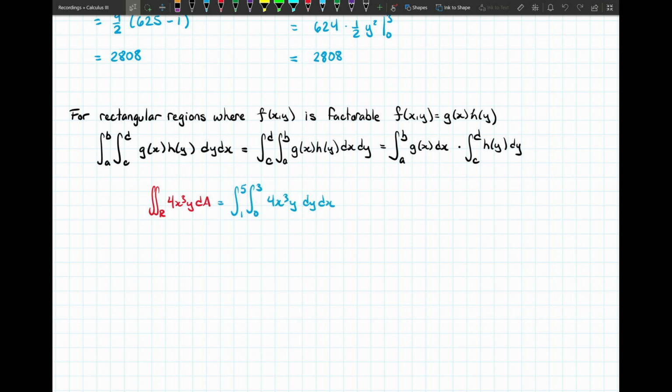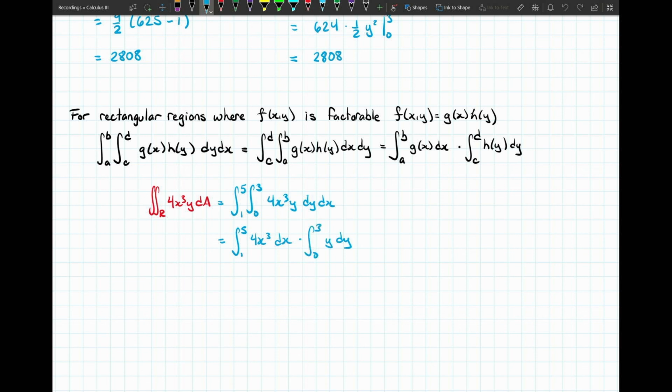We already know how to write the double integral of 4x cubed y dA as an iterated integral, but now let's take a look at separating the factors. 4x cubed with respect to x, x equals 1 to 5. We can tackle that on its own, and the other integral will be of just y with respect to y from y equals 0 to y equals 3.